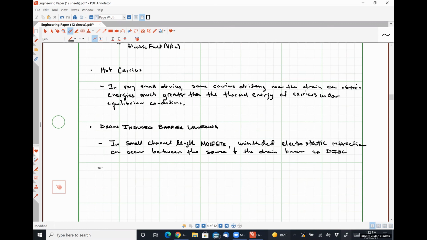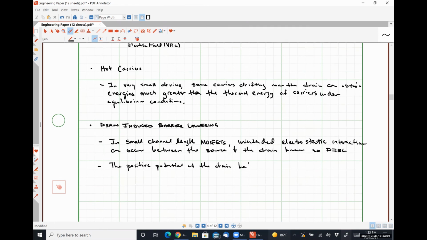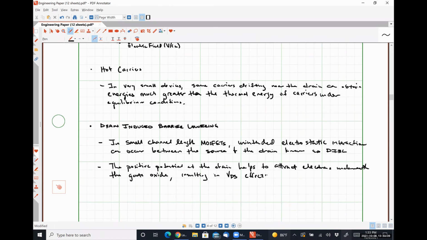What happens is positive potential at the drain helps to attract electrons underneath the gate oxide, affecting the threshold. So let's think about that, okay?